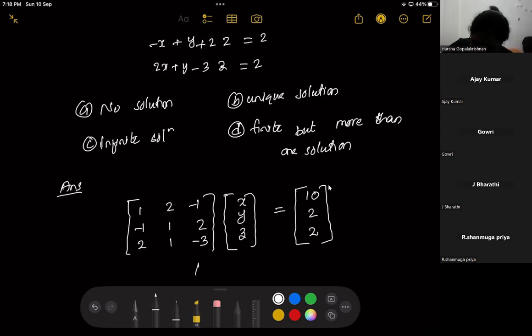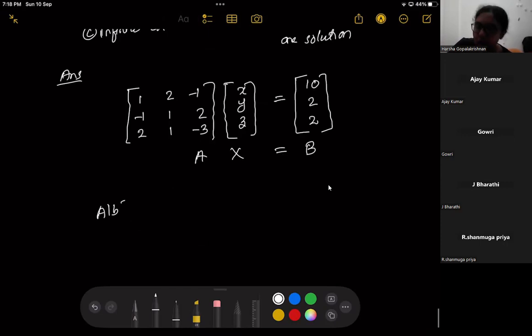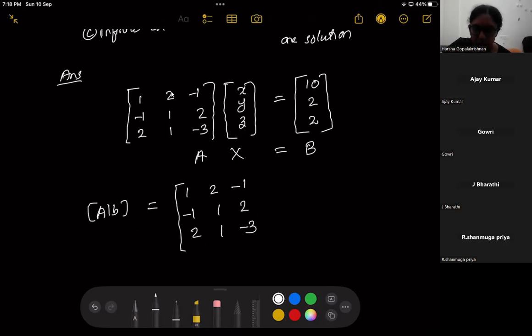Say Ax equals B. Now we can go to the previous conditions, like rank of A and rank of [A, B], and how they are related. So we will look at the augmented matrix [A, B]. How will we write it? First, we write the matrix A itself: 1, 2, minus 1, minus 1, 1, 2, 2, 1, minus 3, and adjoin the column 10, 2, 2.